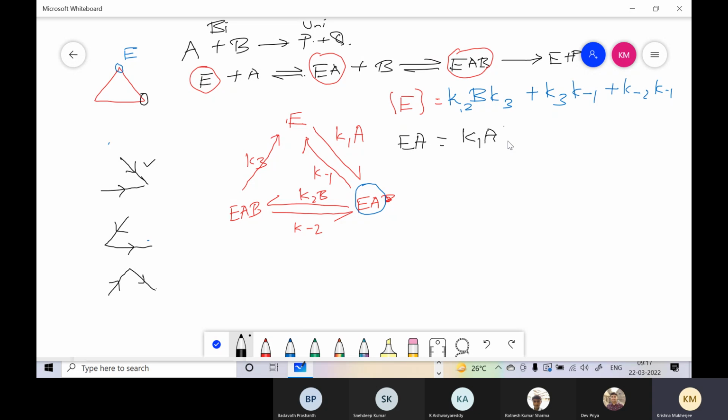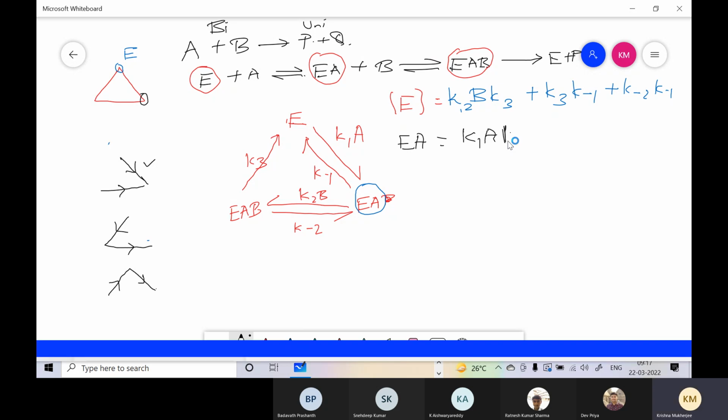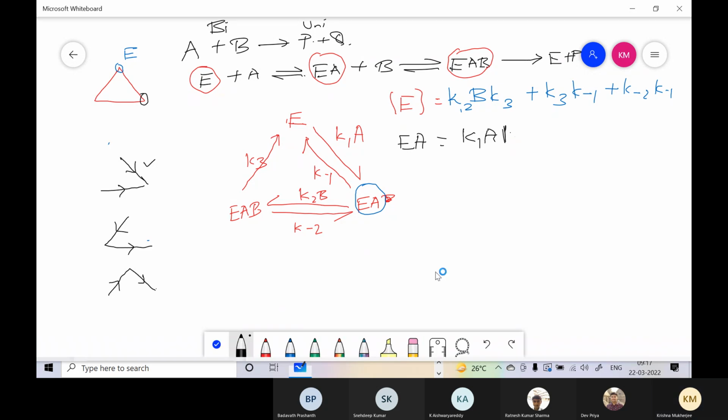Not only these problems, but all others as well. K1A into K minus 2. That is number one.